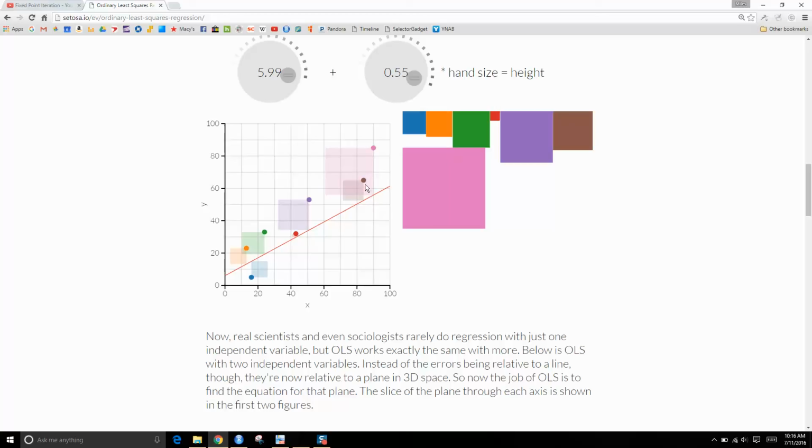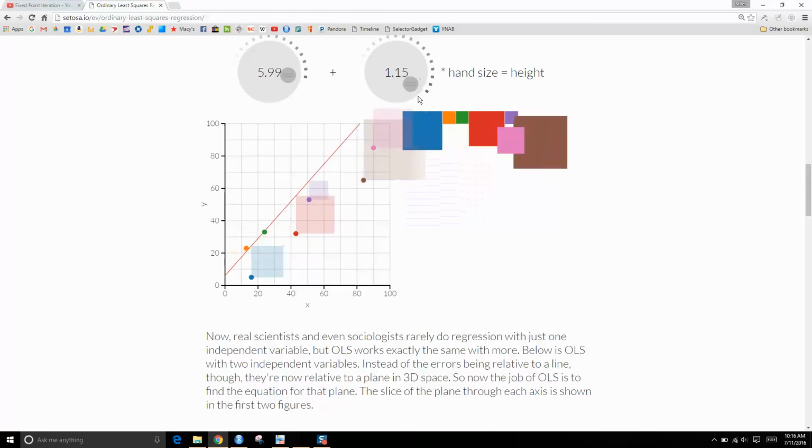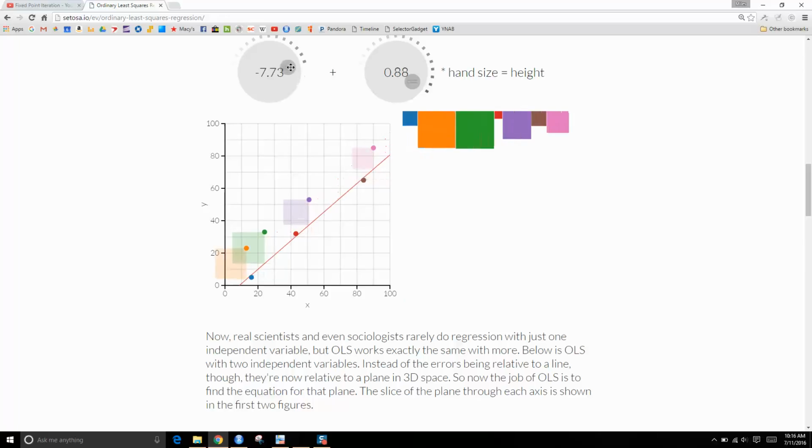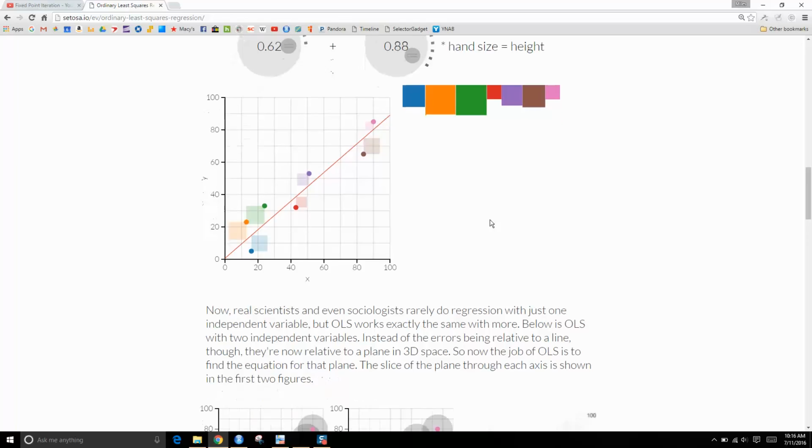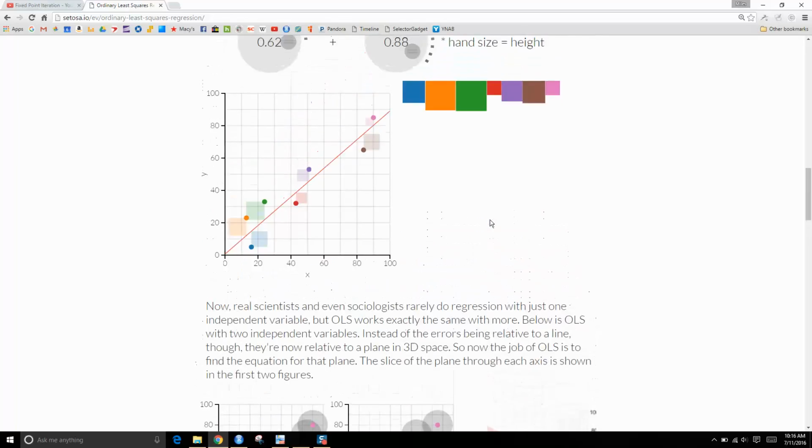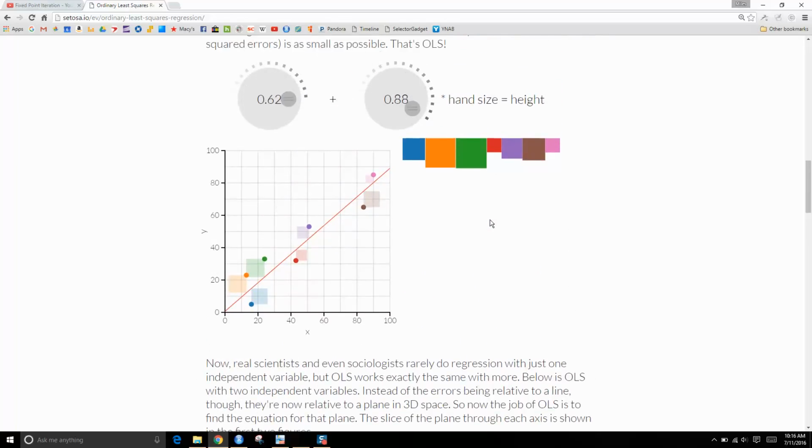This is called the residual, and we can square that, and we can look at the total sum of the squares here. And so by finding the least squares line, we're trying to find the spot that minimizes the total sum of squares. That's an optimization problem. Finding the best fit line is basically trying to find the equation that minimizes the squares of the residuals.